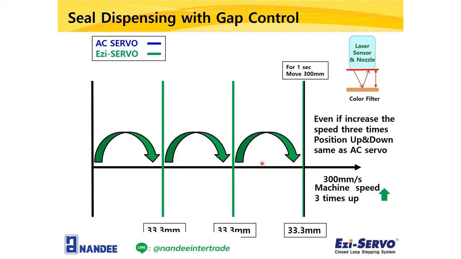This means that the machine speed is tripled. In other words, by changing one motor, it has tripled the speed of the machine, increasing actual machine productivity by 3 times. In other words, there are many machines where Easy Servo can perform higher than AC servo if the motor is well selected according to the machine.